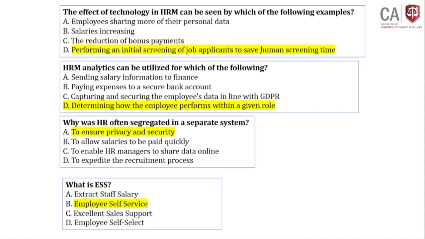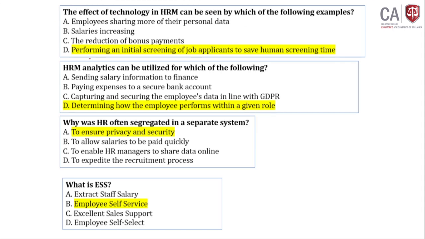If you have received those applications in a manual format by post, what you have to do is open those envelopes and then sort them in a file and then screen the applications. But that thing can be done using the EHRM system.